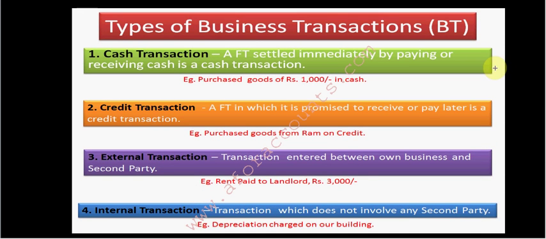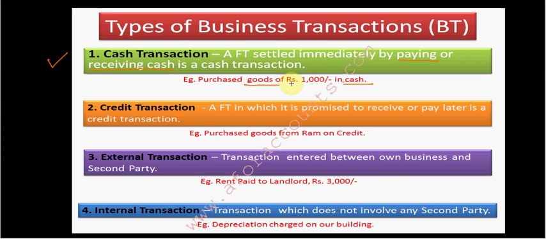Okay, we have types of business transactions. So a variety of business transactions. Cash transaction: a financial transaction settled immediately by paying or receiving cash is a cash transaction. So it is finished then and there. For example, purchase goods of rupees 1000 in cash. Goods have come into the business and the cash has gone out of the business.